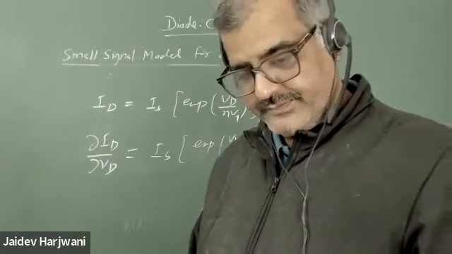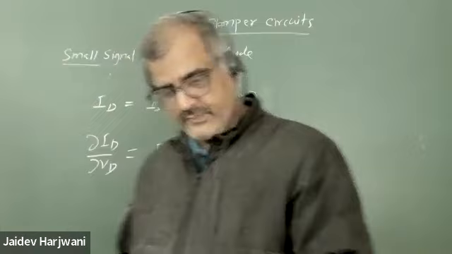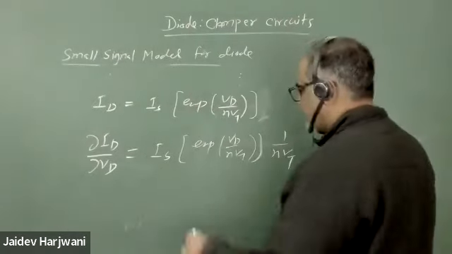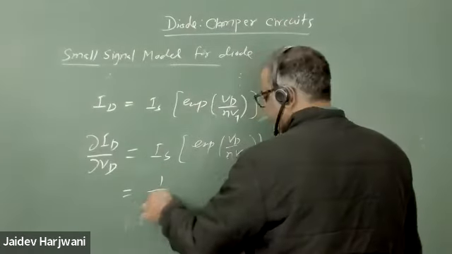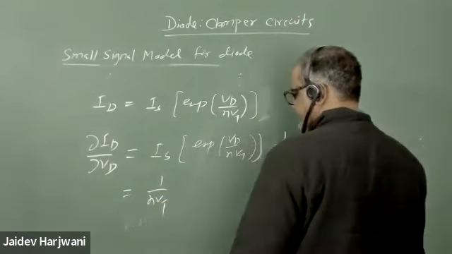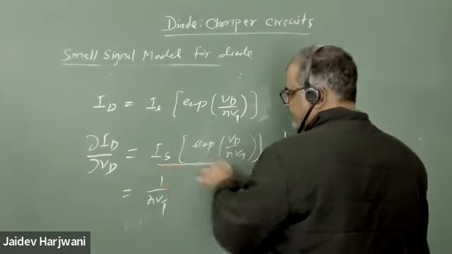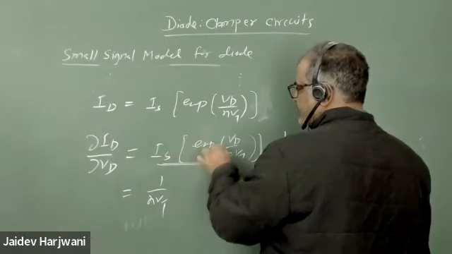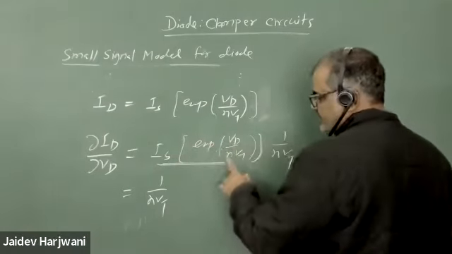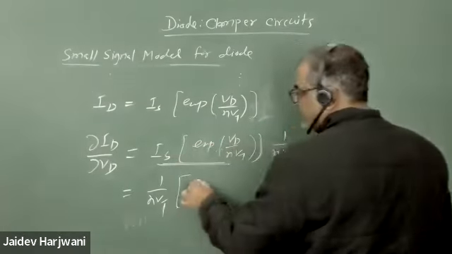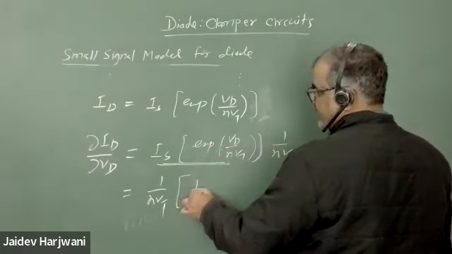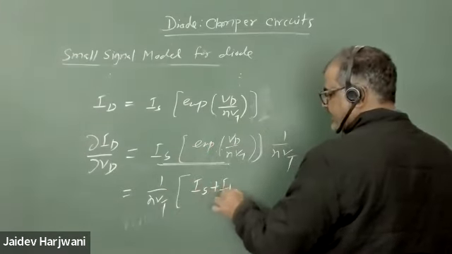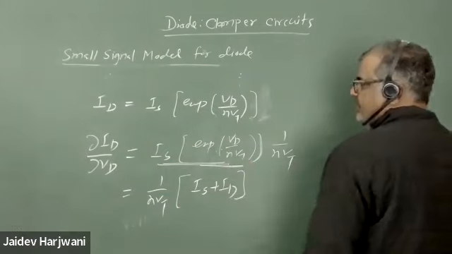Will it come or not, tell me? Yes, sir. Okay, now let it be 1 by eta VT. I want to write the value of this one, IS exponential. So can I write this as IS plus ID?